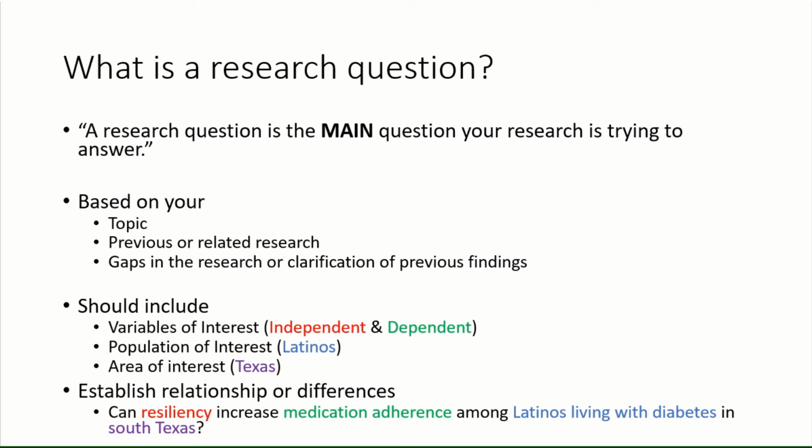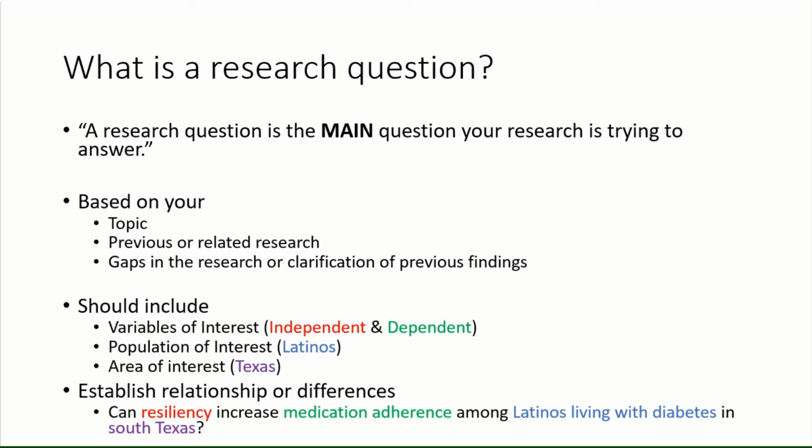And more importantly, I'm looking at a specific group in a specific area. Because when you look at specific groups, your data can only reflect the population that you were gathering data from. More importantly, the area is very important because some areas have more resources than others. So my findings can only be generalized to the people, place, and variables that I'm looking at.